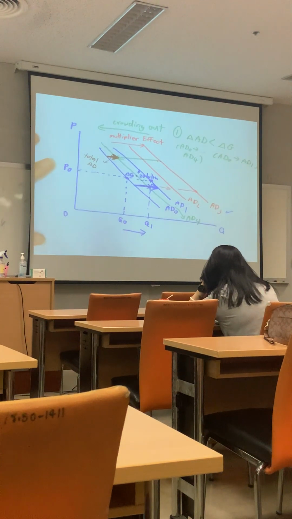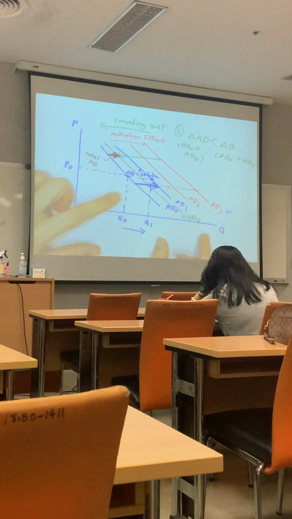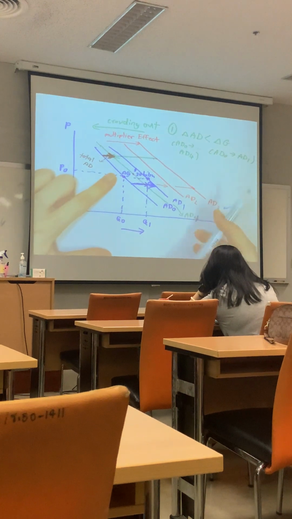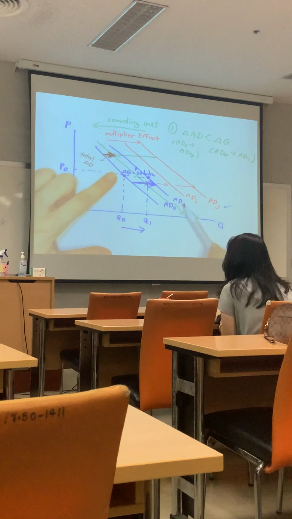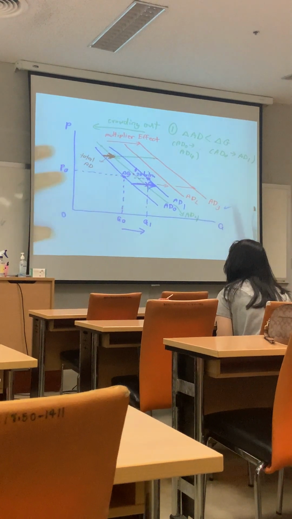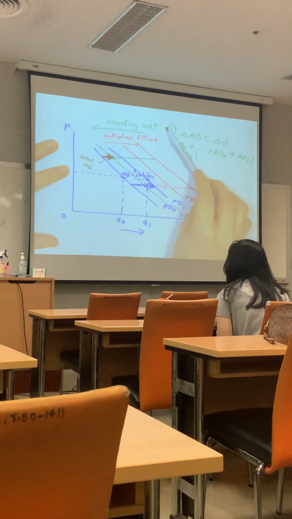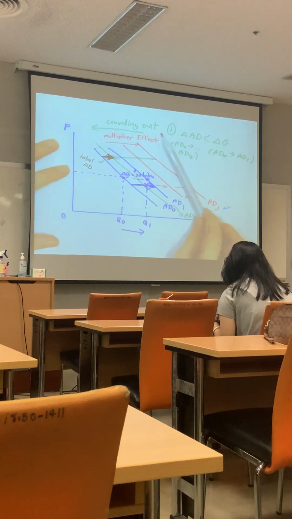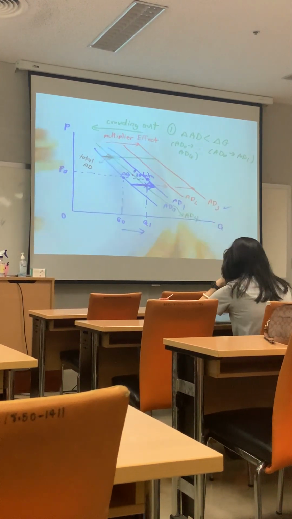So if crowding out happens very little in this case, you just shift from AD3 to the new AD4. But the way that you shift it is only a little, not like the first case where you shift a lot.